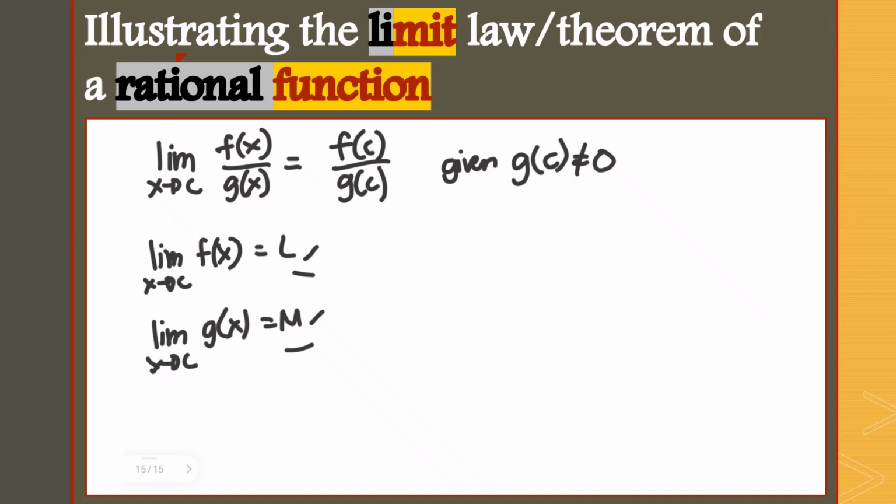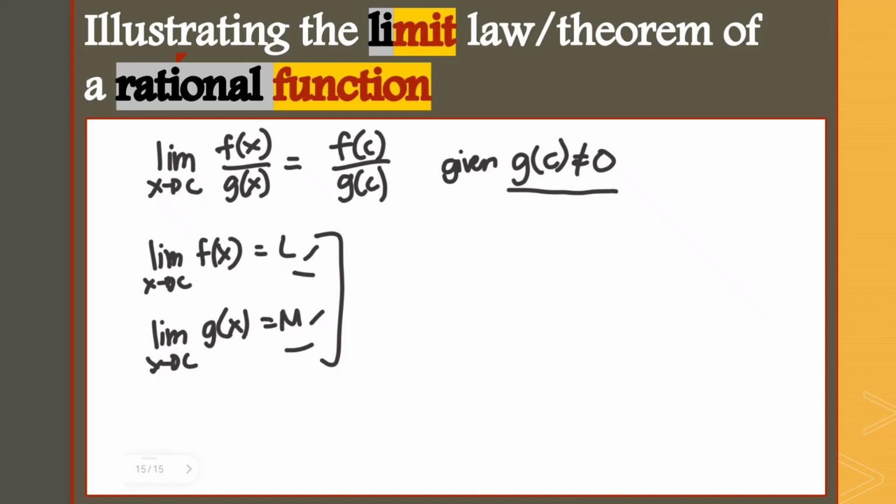So this is separated from the limit theorem for the quotient of a function because this is with the use of direct substitution. We already emphasized in a previous video that direct substitution may not necessarily be the exact value for the limit, so we understand that as well. So here we allow direct substitution as long as the value of g of c is not equal to 0, because these two are not yet given.